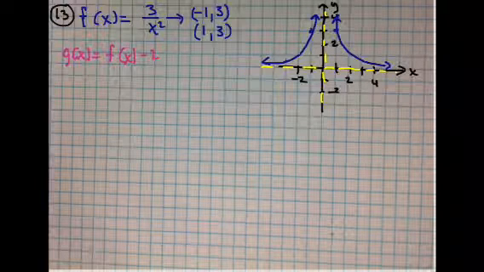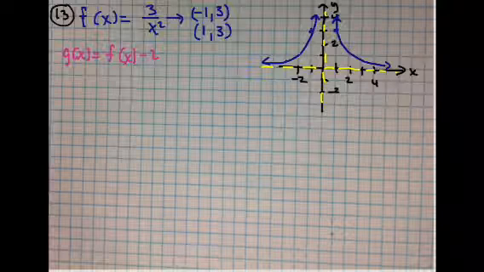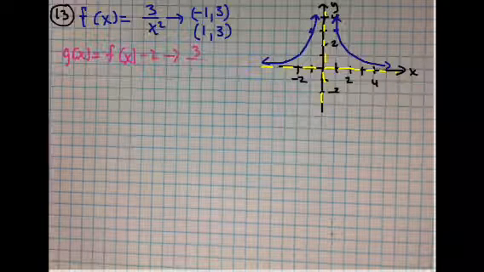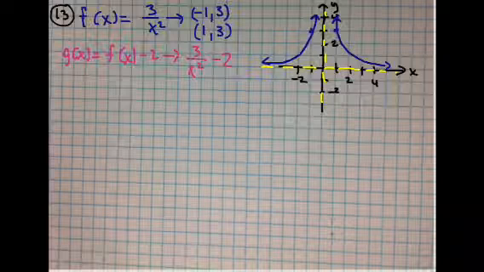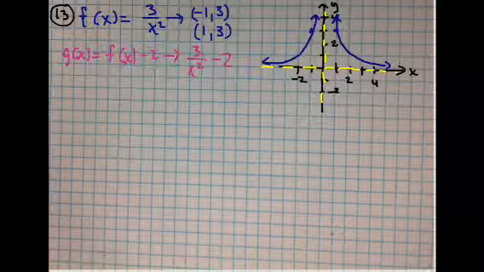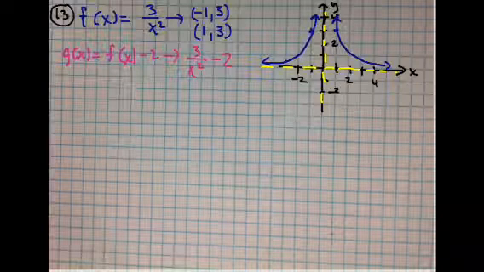So g of x is f of x minus 2. So what that means is that I'm going to take 3 over x squared and then subtract 2. So that's going to lower everything 2 units, right, including the asymptote. So the horizontal asymptote that's on the x-axis is now going to be 2 units down.